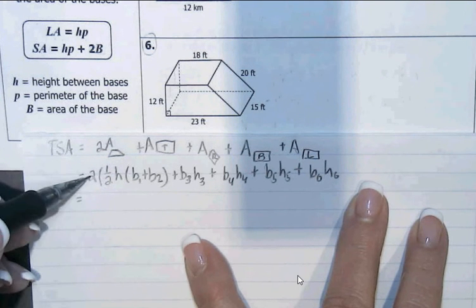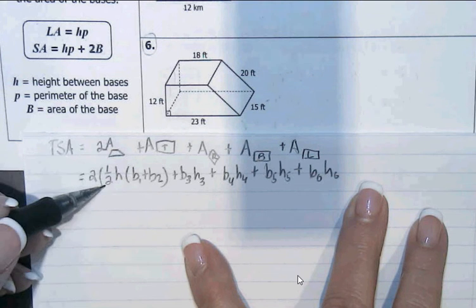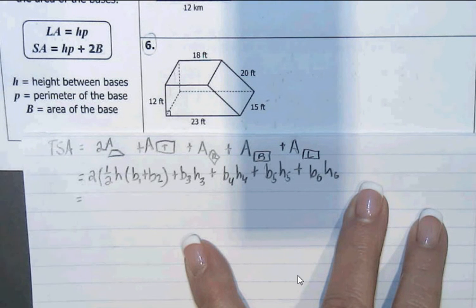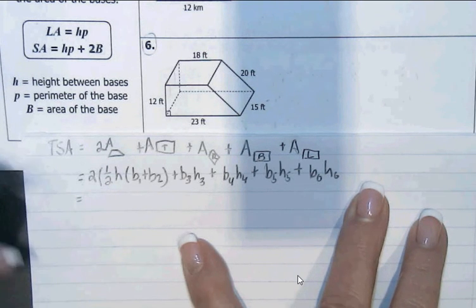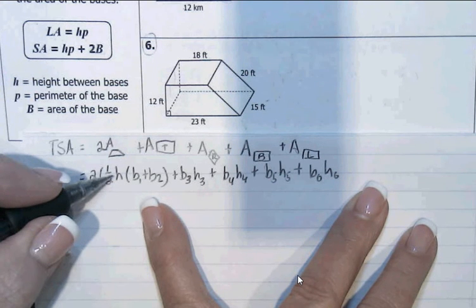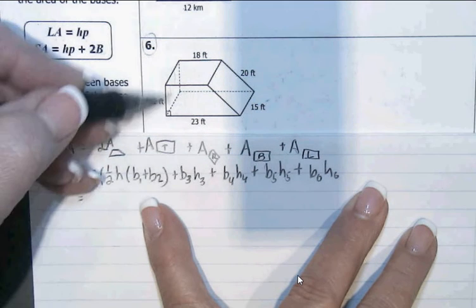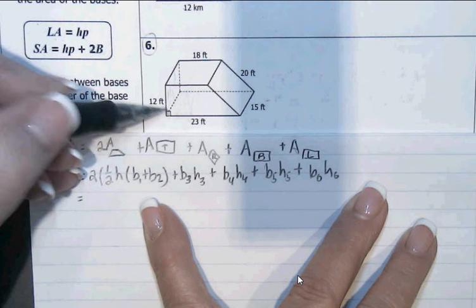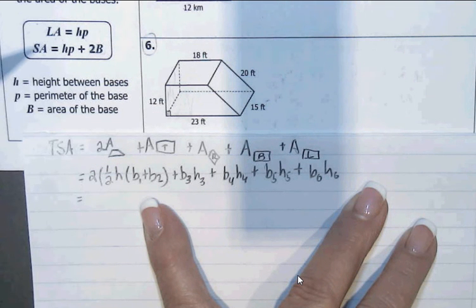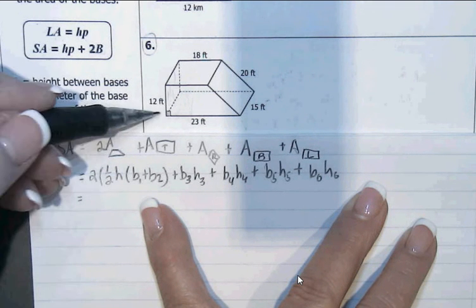All right, again, when we see that we're going to multiply 2 times 1/2, we know that 2 times 1/2 is just 1, so we don't have to worry about the 2 and the 1/2. We can just drop them. So we want to find the height of our trapezoid. So I'm looking at the front trapezoid right here, and I see this little perpendicular symbol, and I remember that bases and heights are perpendicular to each other.